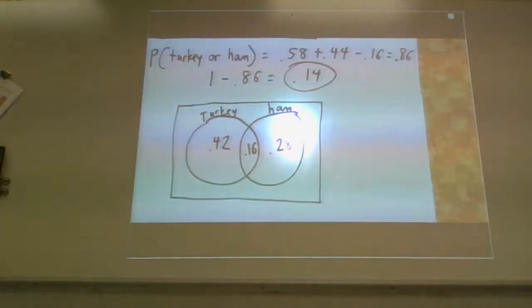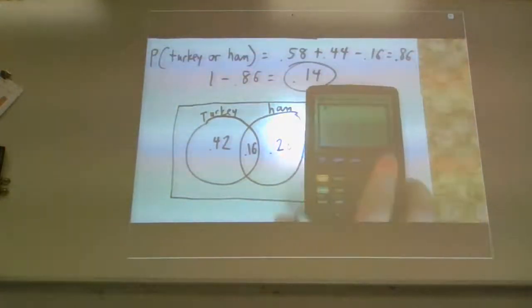Now, when it comes to a Venn diagram, it comes down to four possibilities. Either you're in the first circle by itself, you're in the second circle by itself, you're in the middle, or you're not in either circle. Those are the four possibilities, and they should add up to 100%.